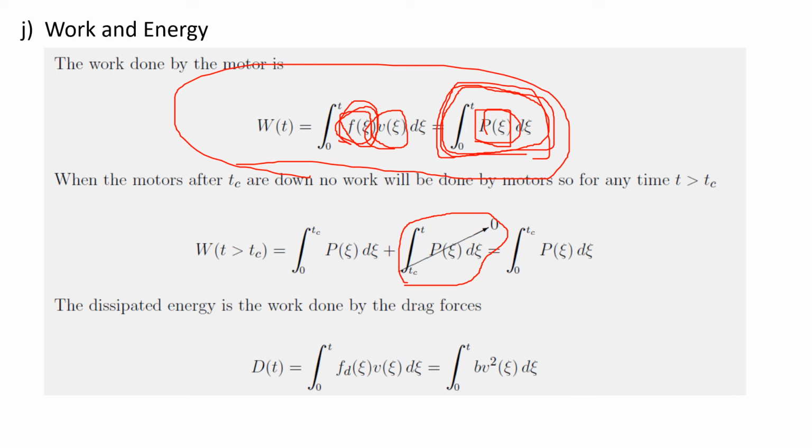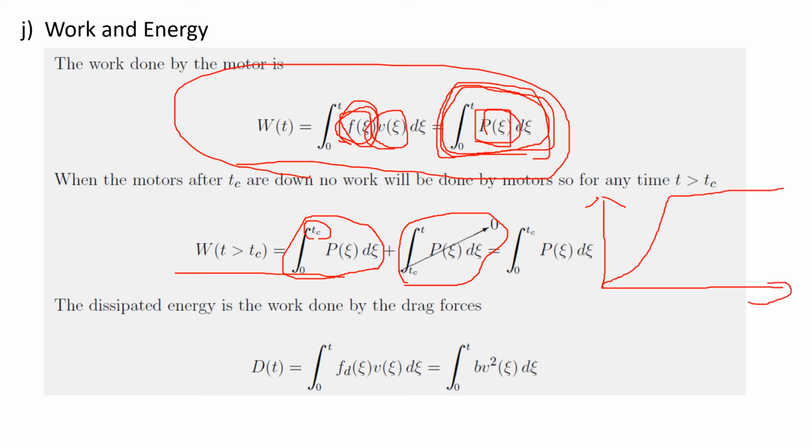So this power becomes 0, so we only use the power function to integrate from 0 to Tc to get the work done. The solution should look like this one, because after the Tc we shut down the motor, so it will become a constant value. Okay, the total work done during the time duration.